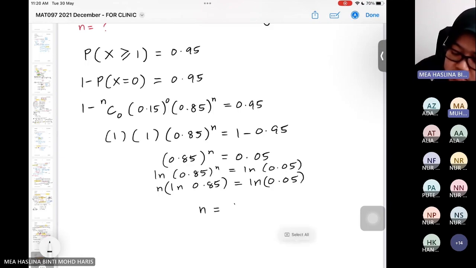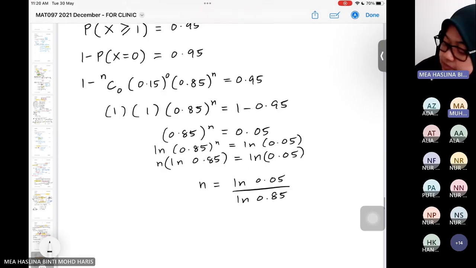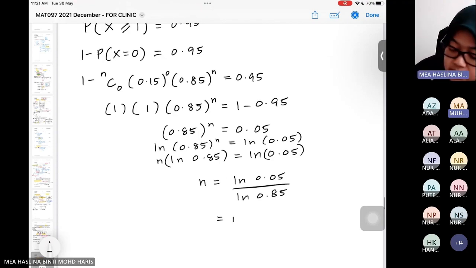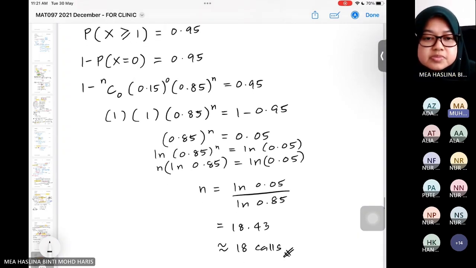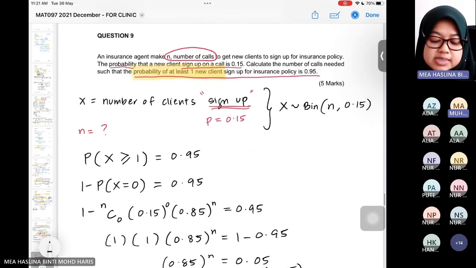So N equals natural log of 0.05 divided by natural log of 0.85, which is 18.43, approximately 18 calls. Is it okay, everyone? Okay, madam. So X just now is actually the number of clients called who sign up, to be more accurate.